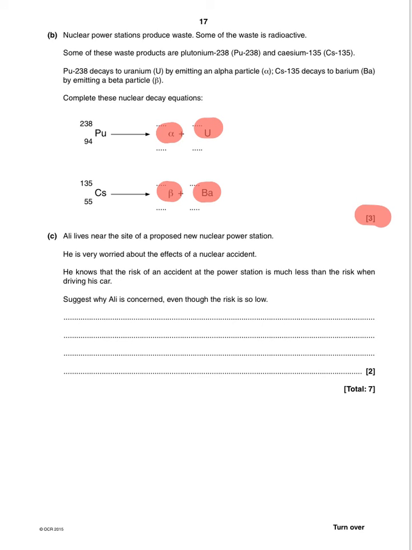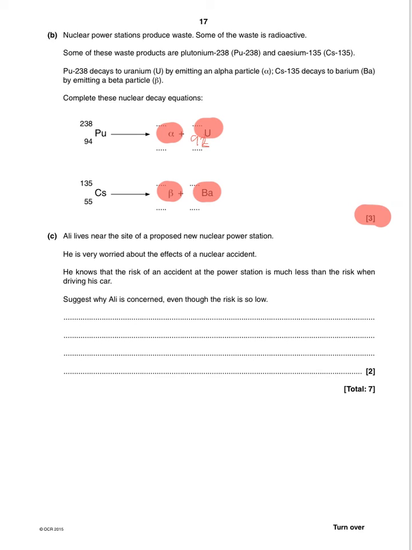So just from knowing the elements, and remember you'll have a periodic table at the end, you should be able to fill that in straight away just from the periodic table. And again, you can do the same with barium.